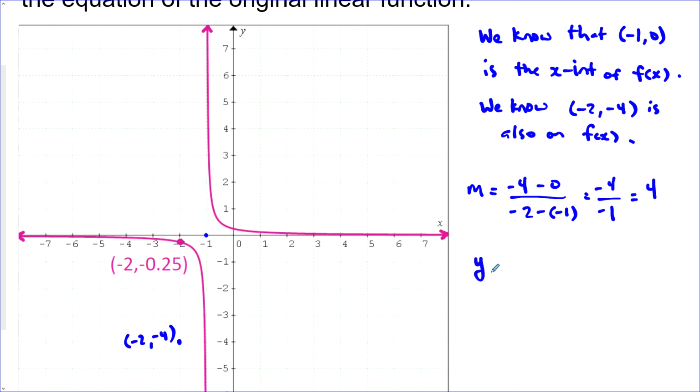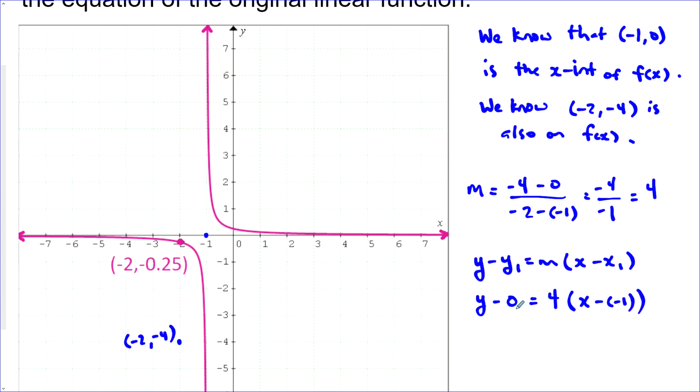As a reminder, that would be y minus y1 is equal to m(x minus x1), where x and y are our variables, and y1 and x1 are the y and the x values of a point that we know. Let's use this point here, -1, 0. So y minus 0 is equal to 4, the slope we calculated here, times x minus -1.